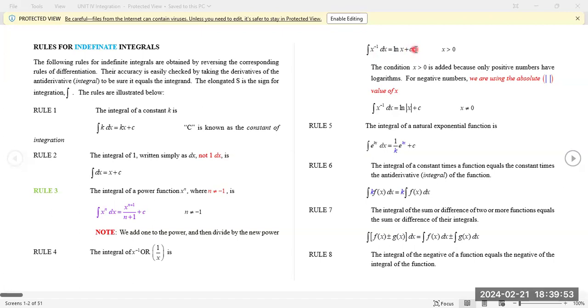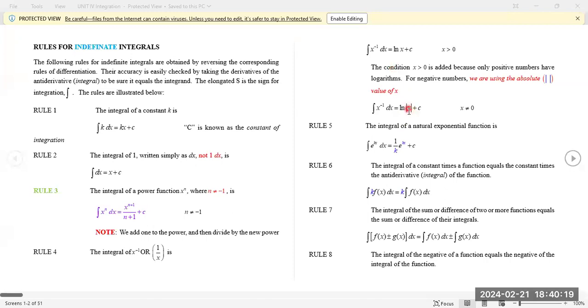Now, x has to be greater than 0. Why, sir? Because you cannot take the logarithm of a negative number. See here, it says the condition x greater than 0 is added because only positive numbers have logarithms. So oftentimes we use the absolute value of x.